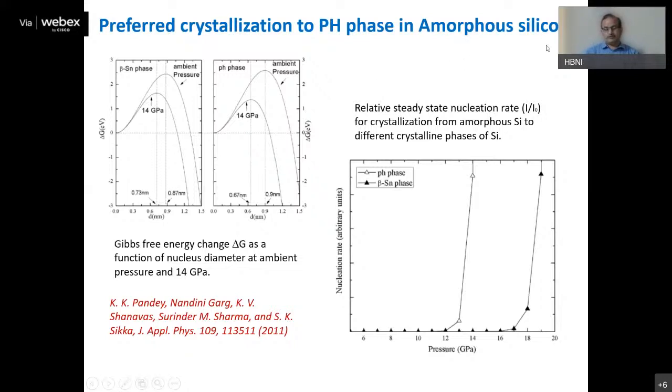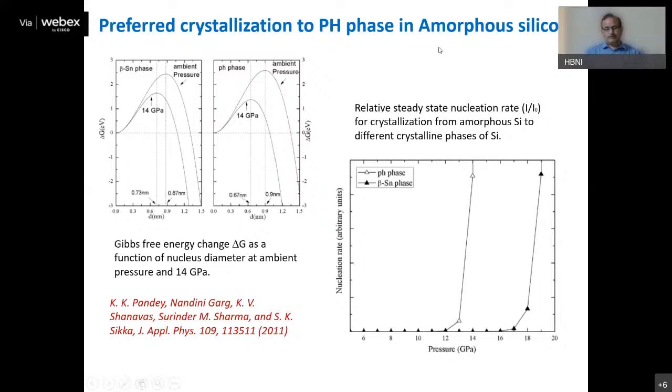In fact, we have used this nucleation and growth process to explain the preferred crystallization in amorphous silicon. We know that crystalline silicon has a cubic diamond phase under ambient conditions. As you increase pressure, it goes to a beta tin phase, a tetragonal phase, then to an Imma phase, and then there is a phase called primitive hexagonal.